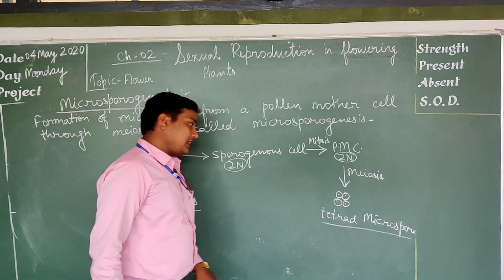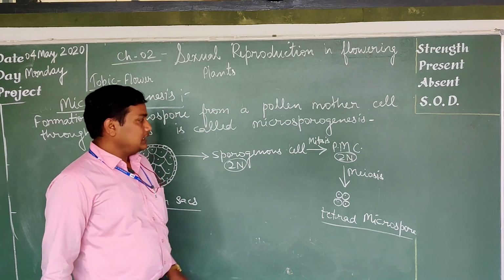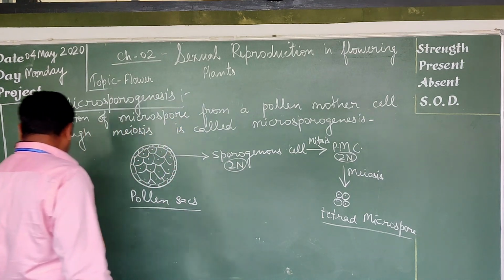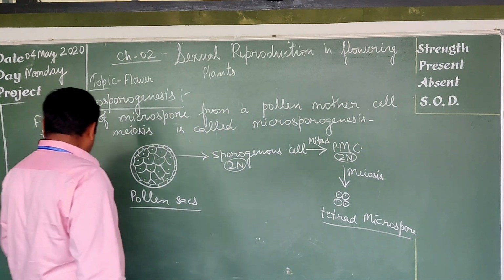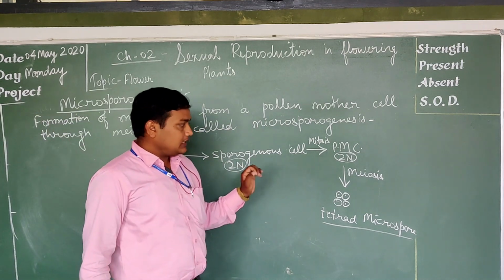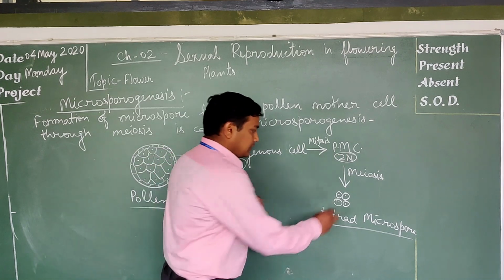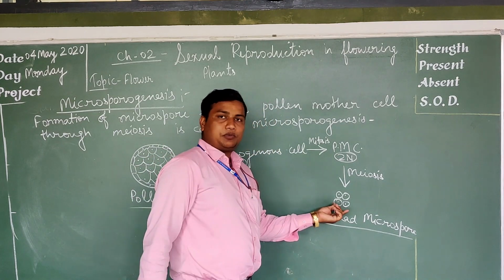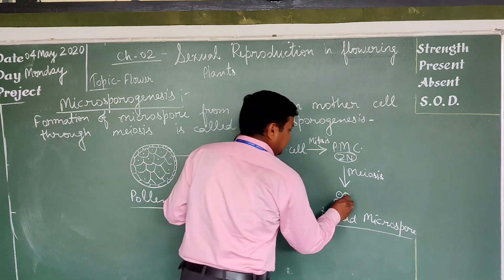In the starting I told you that the middle layer produces an enzyme, and that enzyme will break the bonding between the microspore tetrad.